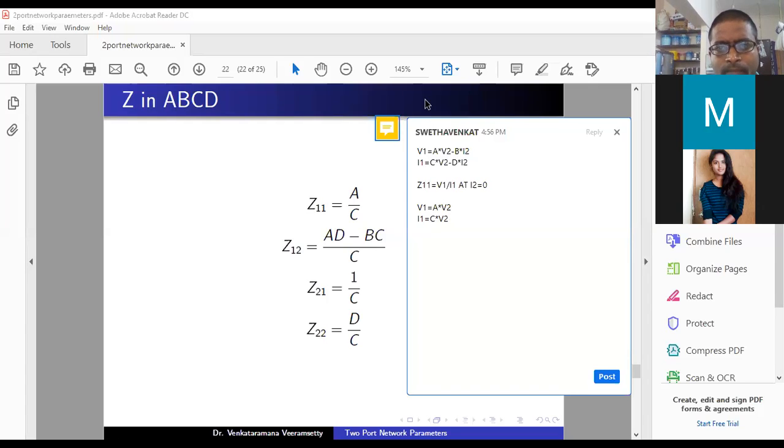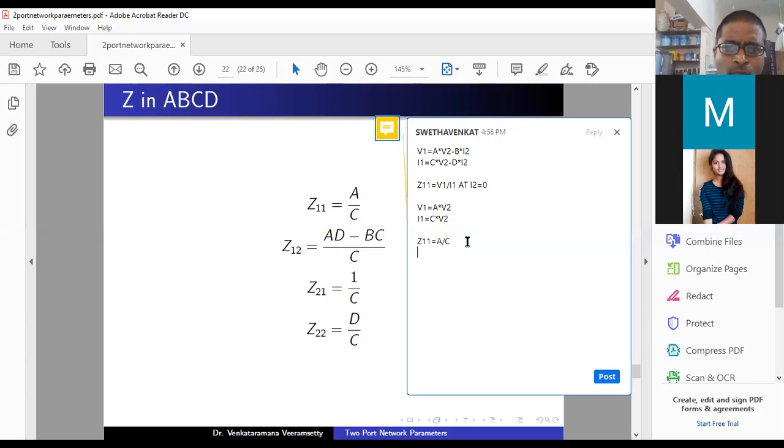So we have V1 equal to A into V2 and I1 equal to C into V2. So from the definition of Z11, Z11 equal to V1 by I1, which gives A by C. Is it okay? Yes, sir. Okay.